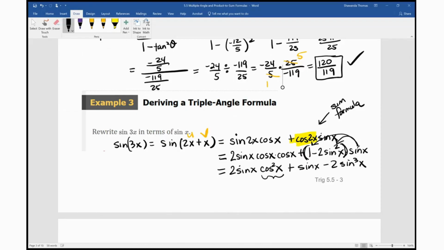Cosine squared x just popped up. Let's use a Pythagorean identity. We know that sine squared x plus cosine squared x equals 1. So cosine squared x must equal 1 minus sine squared x.